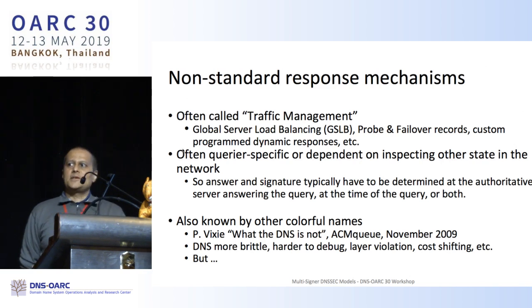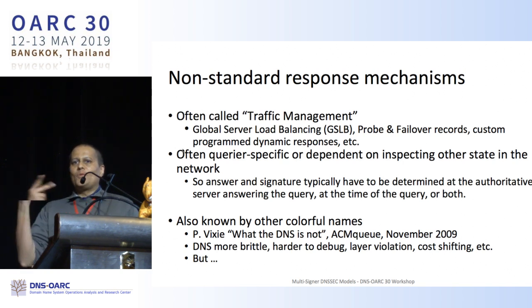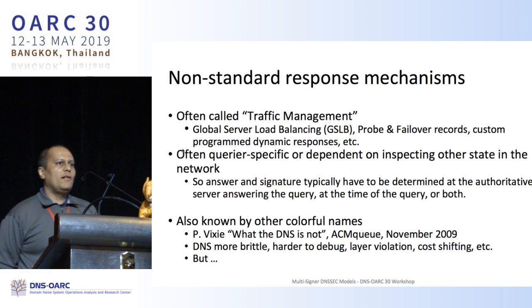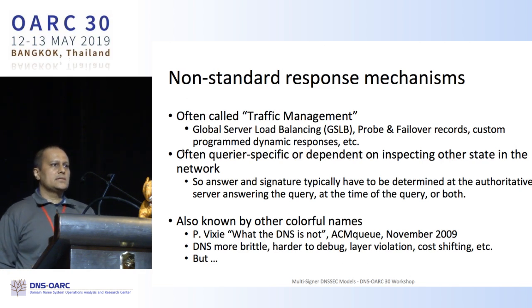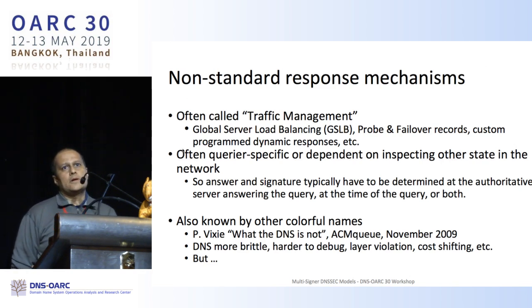Now, I'm going to embarrass Paul by mentioning him again. You may be aware that Paul famously critiqued these features in an article that is almost a decade old now. He had a cute name for these features, which I'm not going to repeat. But he had several cogent arguments. He says that these features arguably increase the complexity of the DNS.